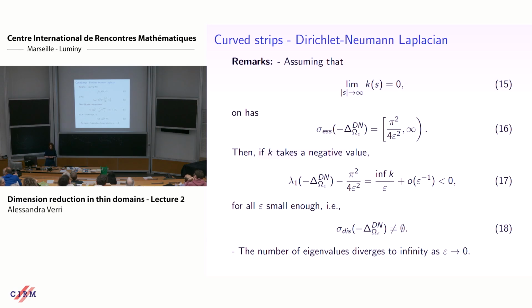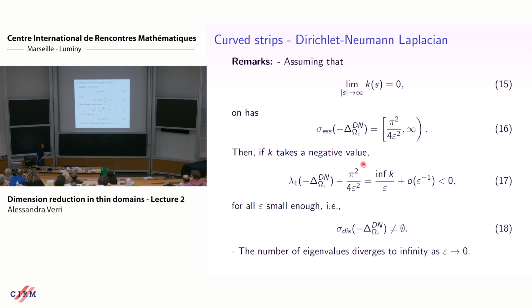If you assume that the curvature goes to 0 at infinity, our strip is asymptotically straight at infinity, so we can find explicitly the essential spectrum. It is given by this interval. Here we have the first eigenvalue of the problem in the transverse direction.